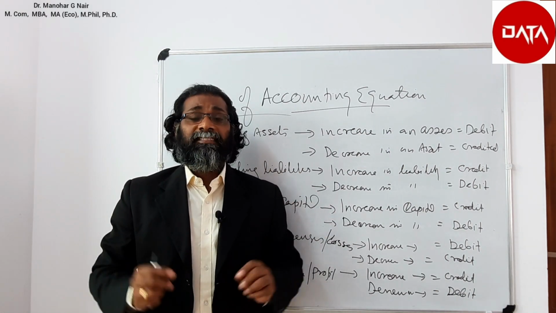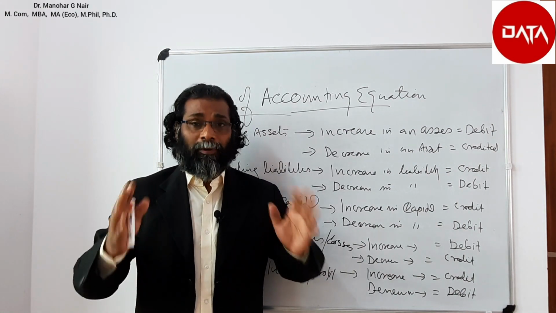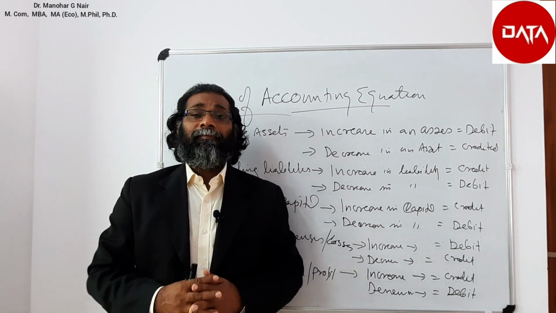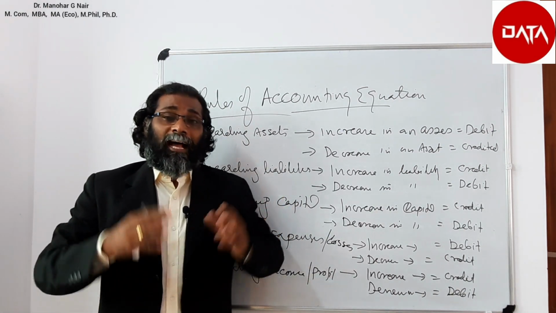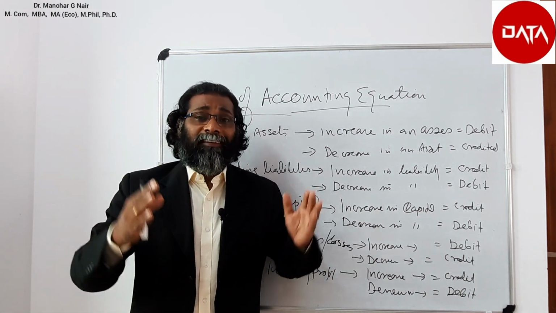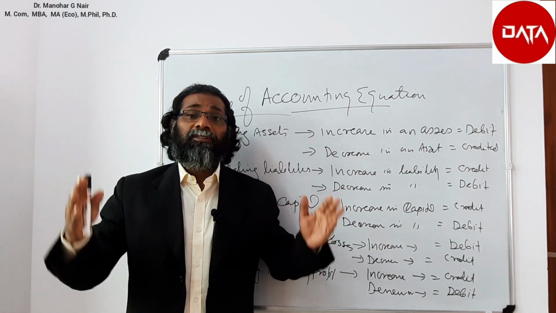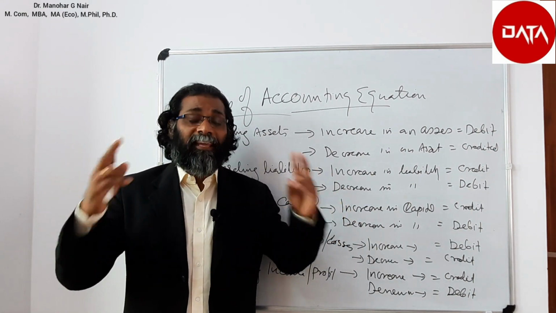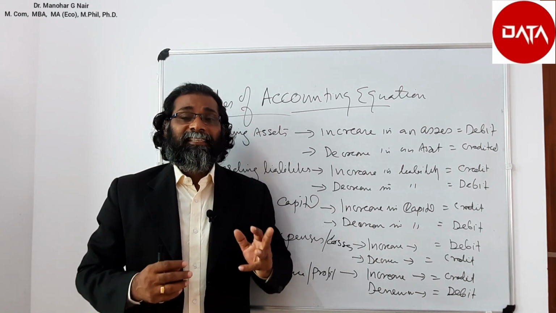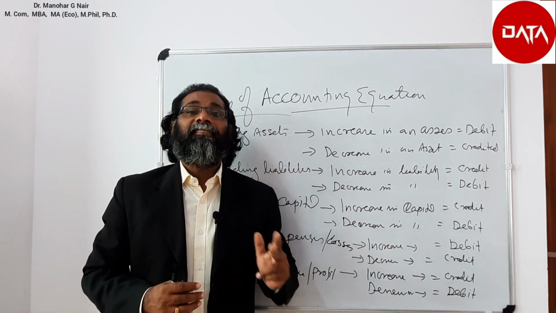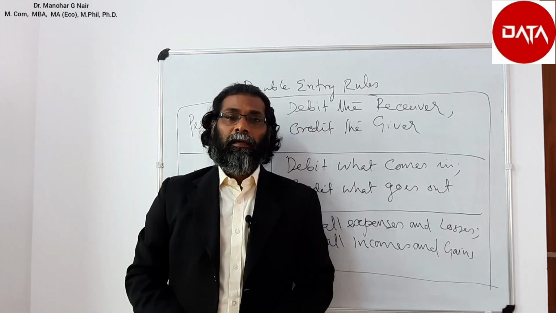Let us see what is the golden rule of double entry. As per double entry, the whole transactions and accounts are classified into three categories. Category one is personal account, second is real account, and the third one is nominal account.